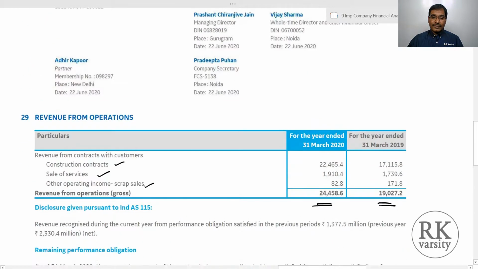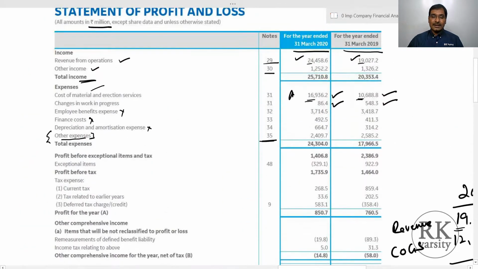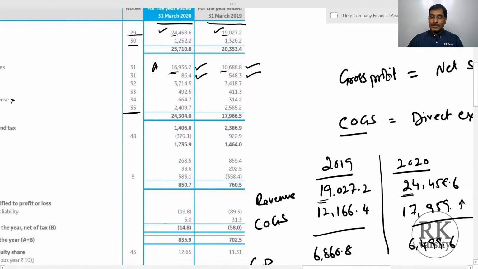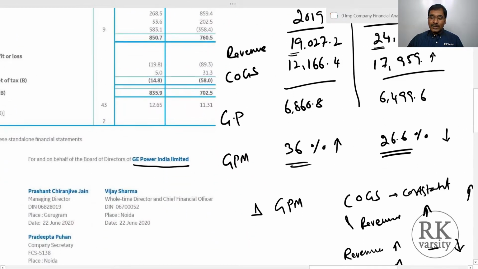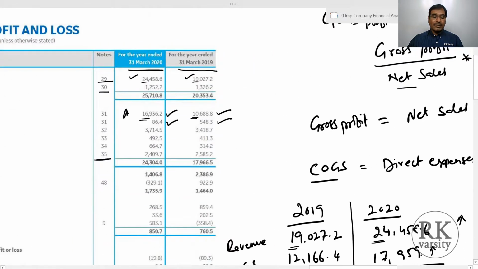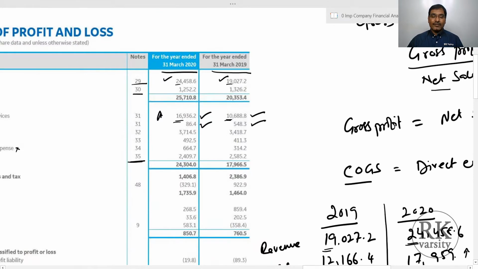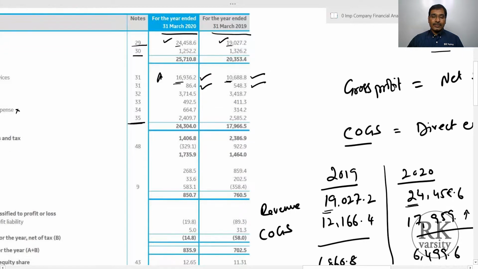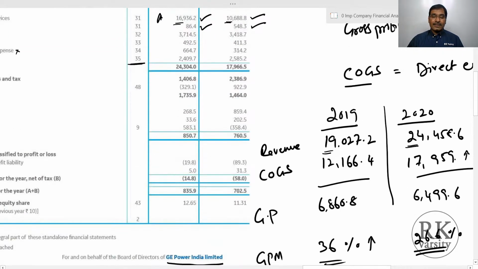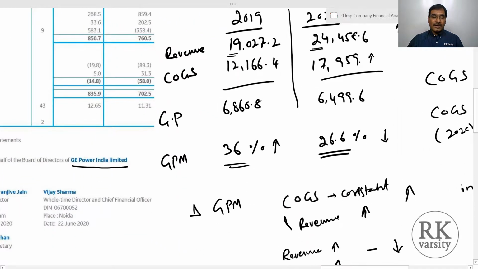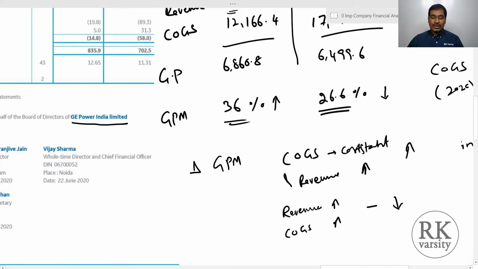So if the company minimizes its cost of raw material and improves these things, there is a possibility that the gross profit margin will improve. Otherwise, the additional revenue of around 5,000 million rupees that the company generated during 2020 is of no help. This happened because of the high cost of raw materials.